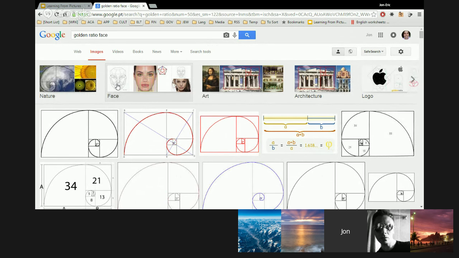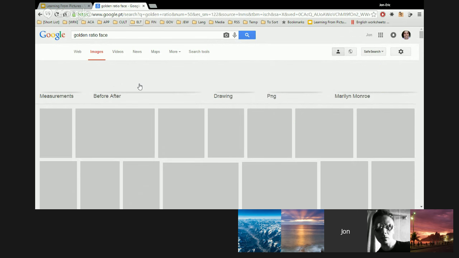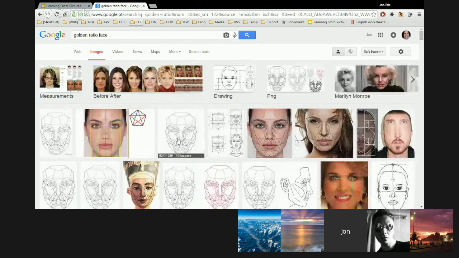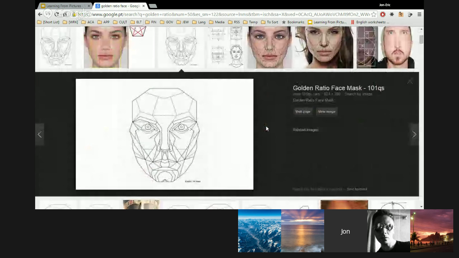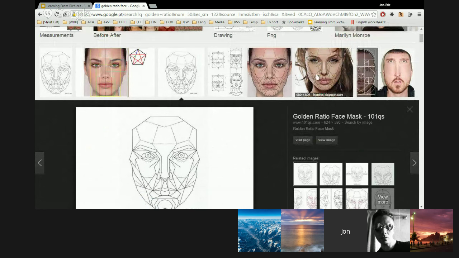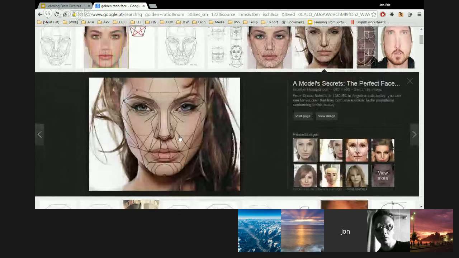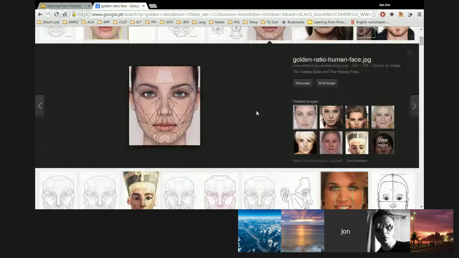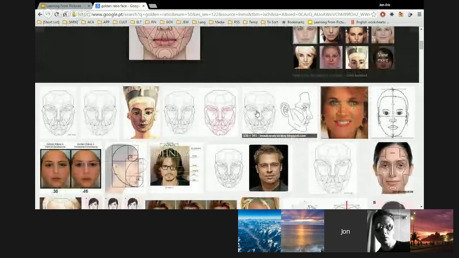Well, over here you can actually see the mask. Doesn't that look beautiful? You can see the mask being held up to the face of a model, and her facial features fall perfectly into those parameters. Here's another one. I'm not making this up, actually.